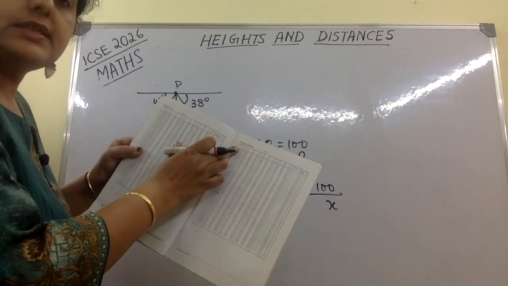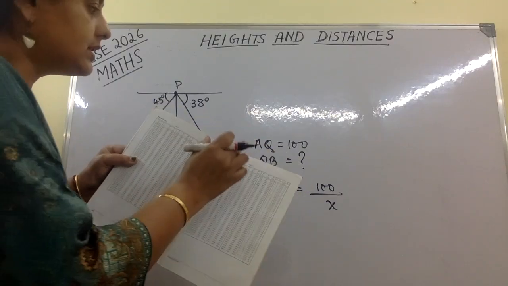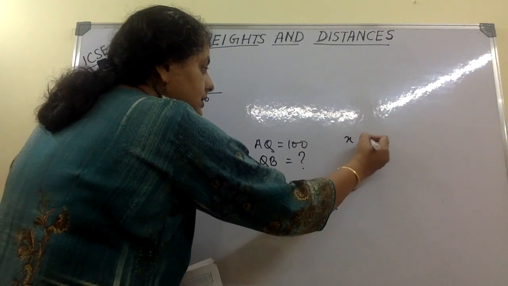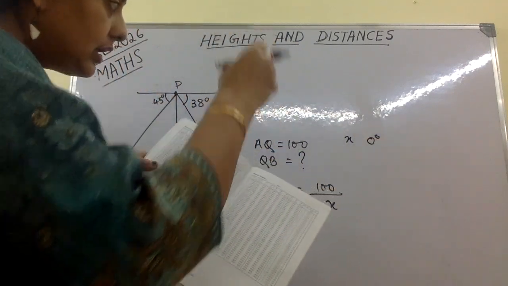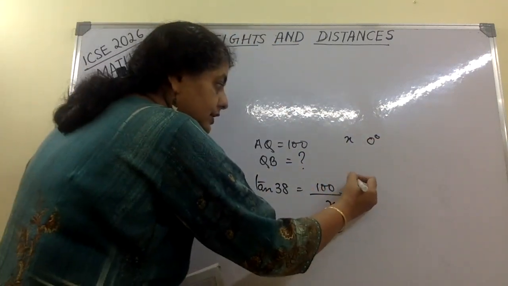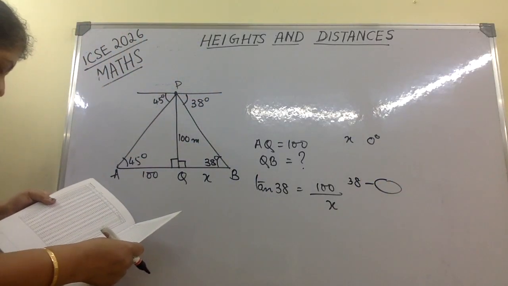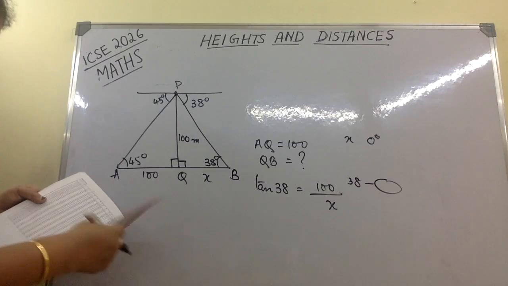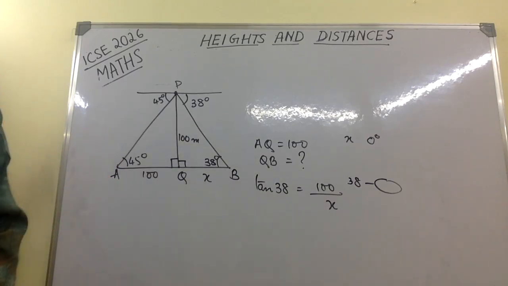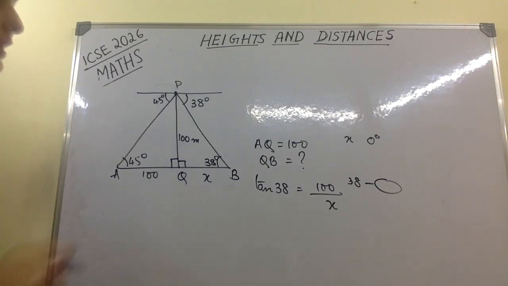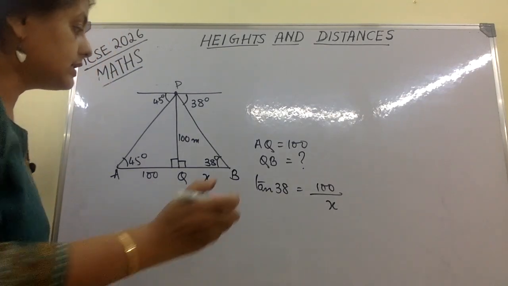Above here you will see a 0, the first column gives 0 degrees. Go down that column, and wherever you find that 38, just beside it take that value. So here I can see the value is 0.7813. So my value for tan 38, this was a direct one, is 0.7813.